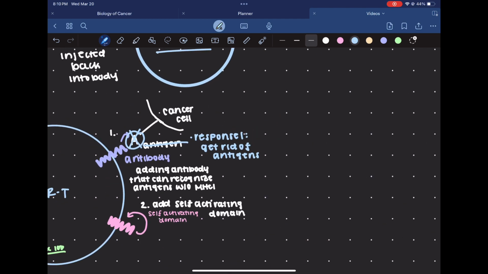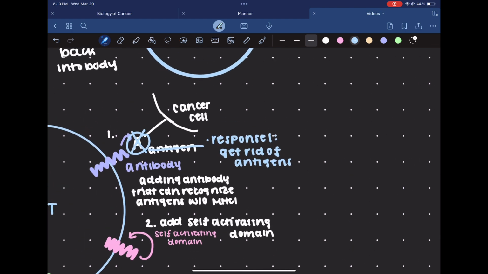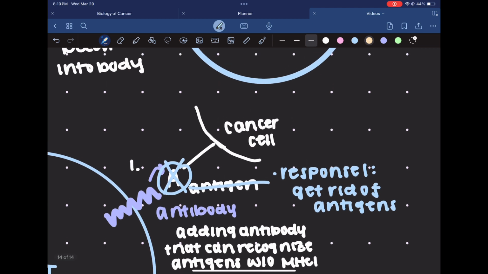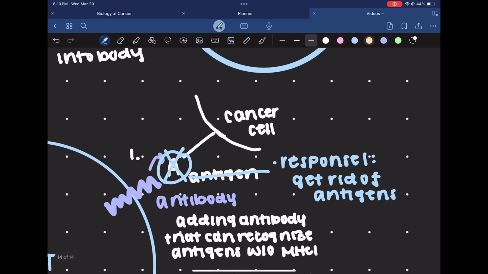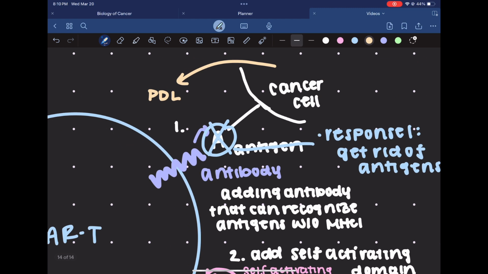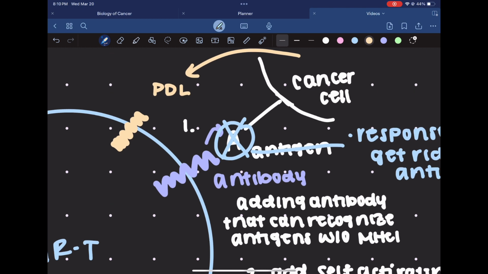Our second thing that cancer cells are going to be able to do, I'll stay up here so I can show this being done by our cancer cells, is they're going to cause something called T cell exhaustion. So cancer cells are going to start to secrete large amounts of this PD ligand. We've talked about PD ligand previously, where our T cells have a receptor for this called PD-1 receptor that can interact with this ligand.